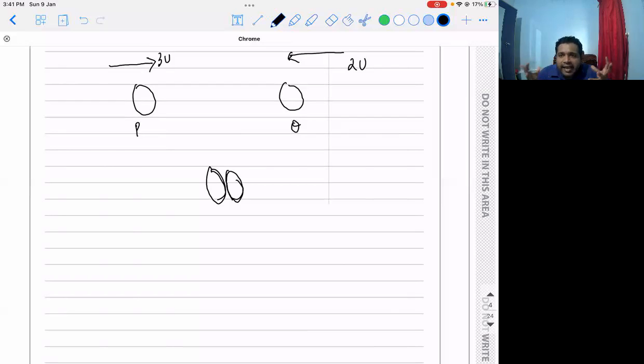So due to this action-reaction pair, the respective momentums of particles P as well as Q change, and that is known as impulse. So what is impulse? I would like to review the concept of impulse. Impulse is change in linear momentum. Impulse is change in momentum. So what is change in momentum? Final momentum minus initial momentum. That is how we find the change in momentum.